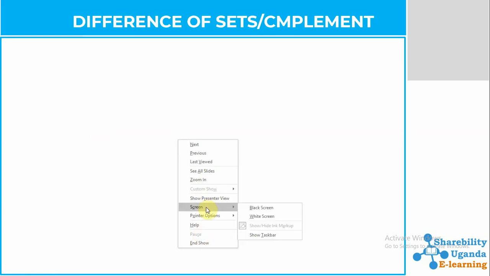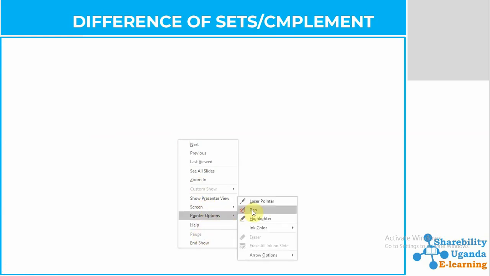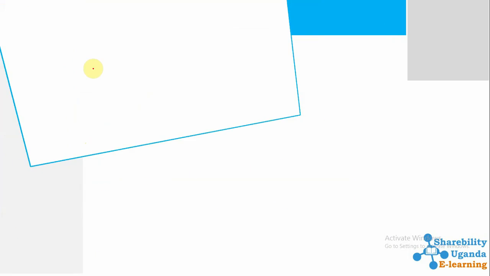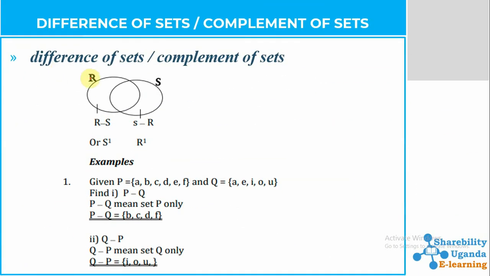If you have been given a set of this kind, I'm trying to show you how we are going to look at the difference of these sets. Assuming this is our set R and this is going to be our set S.